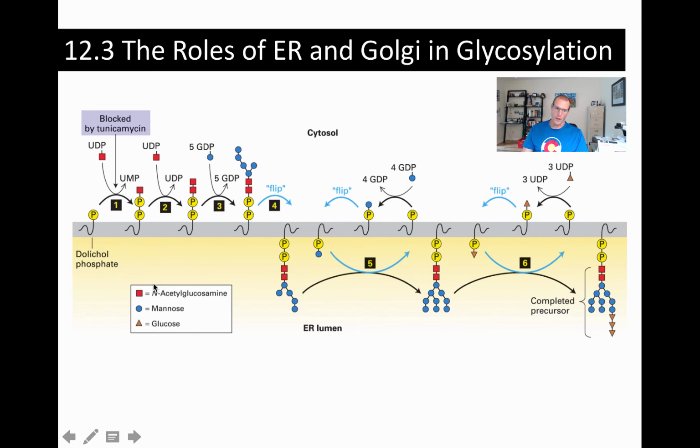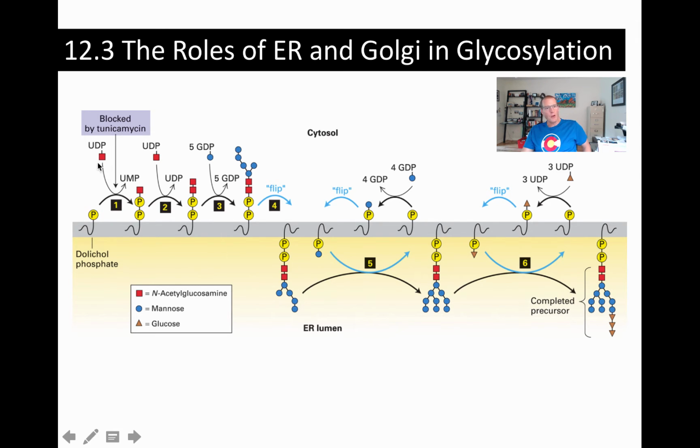So the whole process starts with the insertion of a molecule called dolichol phosphate into the membrane of the endoplasmic reticulum. So here's the lumen of the endoplasmic reticulum, and here's the cytosol of the endoplasmic reticulum. Dolichol phosphate, like its name suggests, has a phosphate added to it.